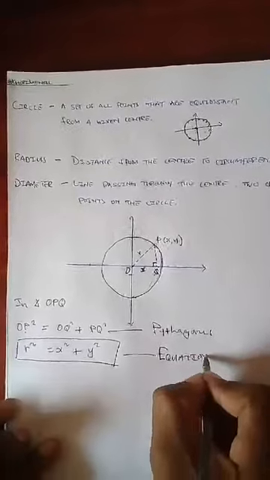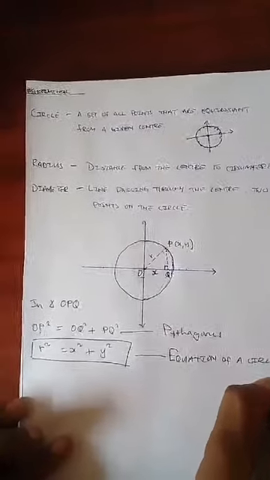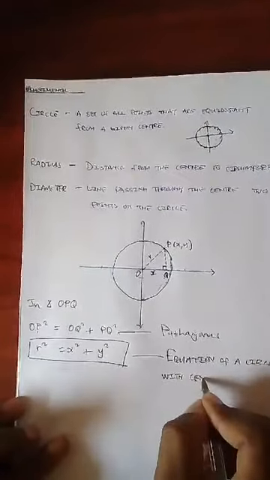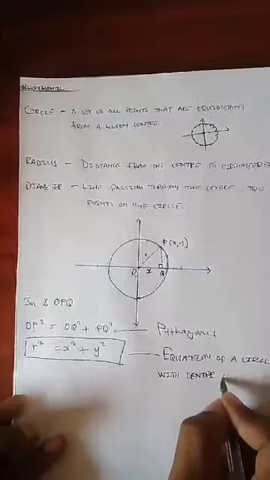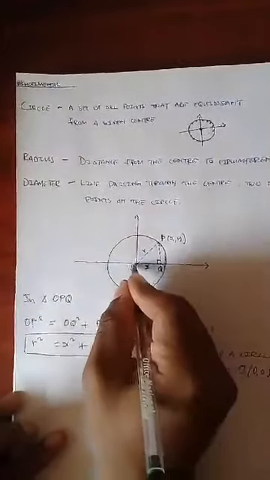It's the same thing though, but I will just explain now what is different. Equation of a circle with center at O, which is 0, 0. The center is there.